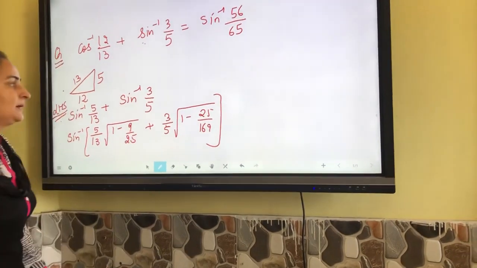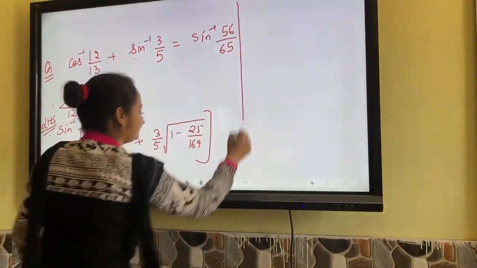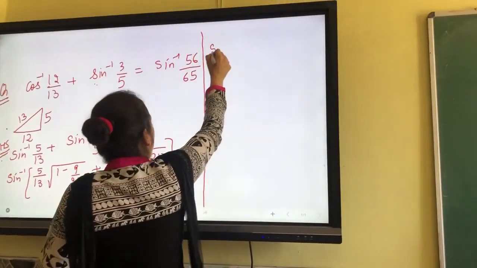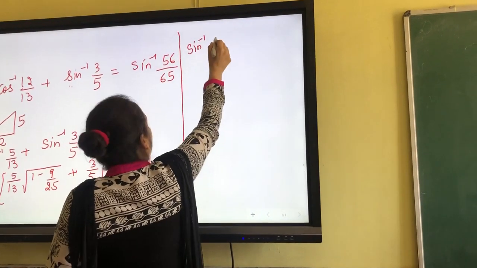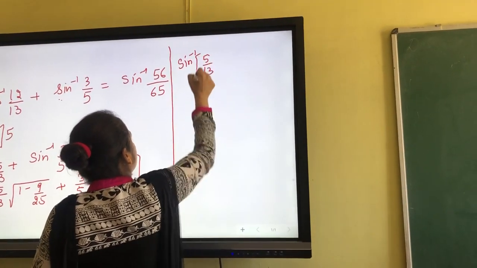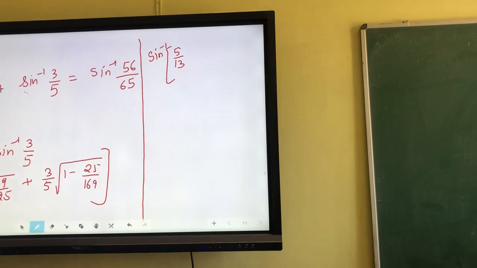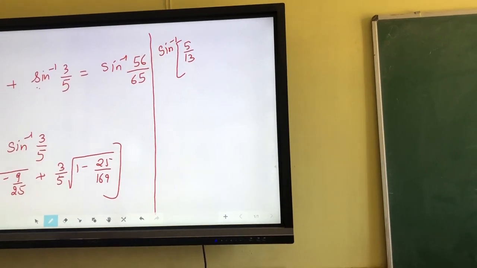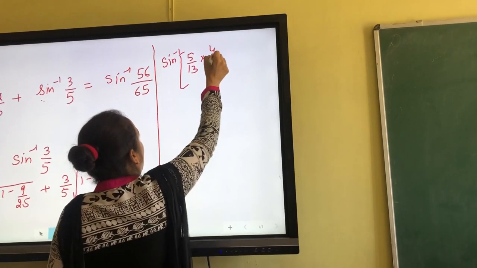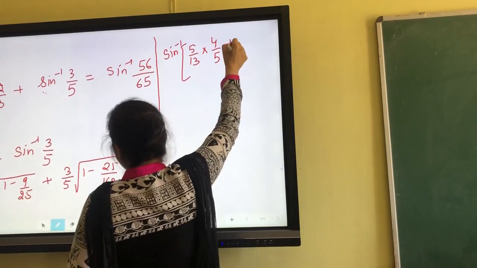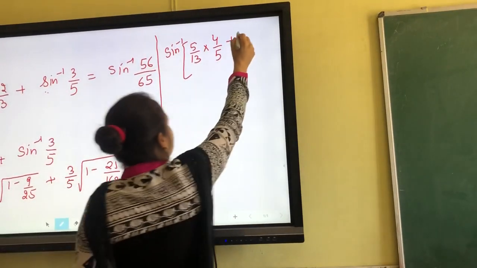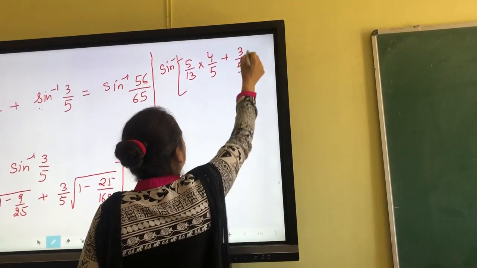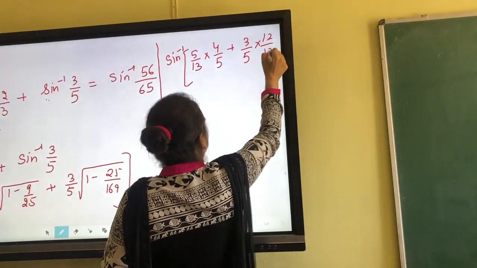Now solve this part. How to solve? Sine inverse of 5 upon 13 times under root 25 minus 9, 16 upon 25, means 4 upon 5, plus 3 upon 5 times 12 upon 13.